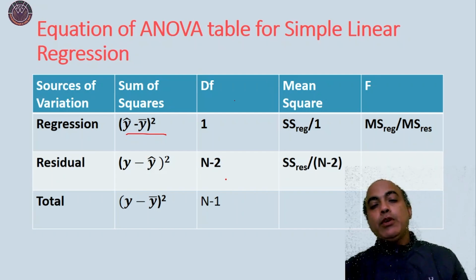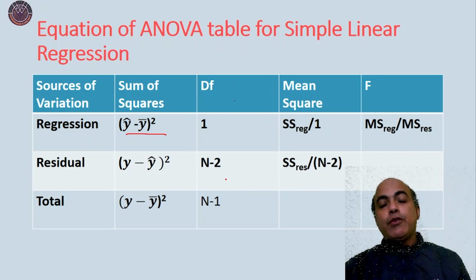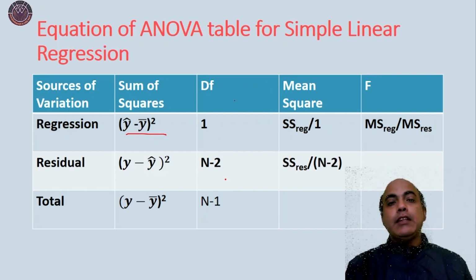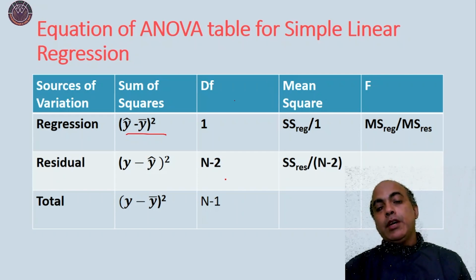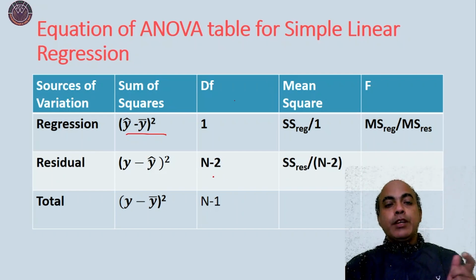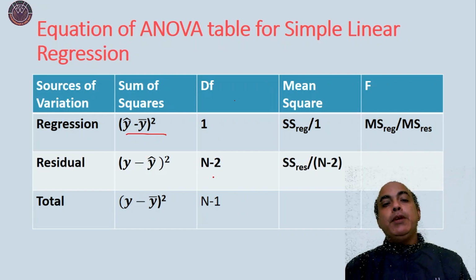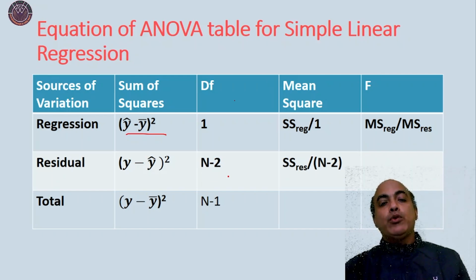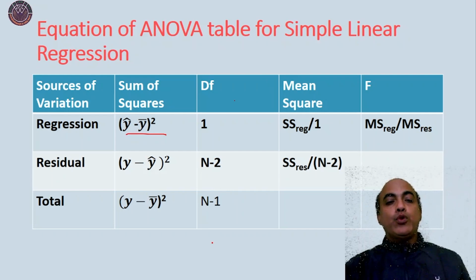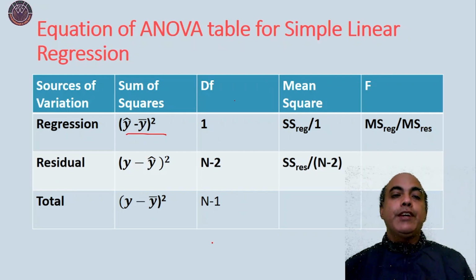Here we estimate the coefficient of the number of hours, that is the x coefficient, and the constant or intercept term. So we have to estimate two terms. That's why the residual degrees of freedom will be n minus 2, where n is the number of observations, 10. So in our case it will be 10 minus 2, that is 8. And the total degrees of freedom is given by the addition of the degrees of freedom of regression and residual.